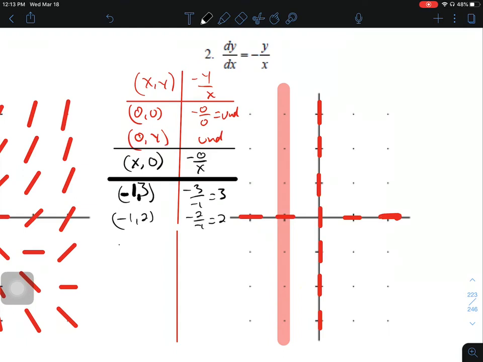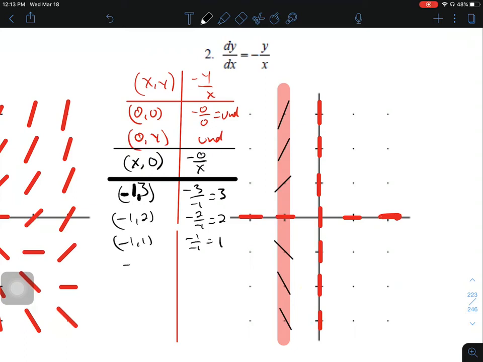I'm seeing a pattern. If I choose 1 for y, it's negative 1 over negative 1, which is 1. So my slope is 3, and then it's 2, and then it's 1, it's 0. The next one's probably going to be negative 1, and then negative 2, and then negative 3. Let's just check to make sure.